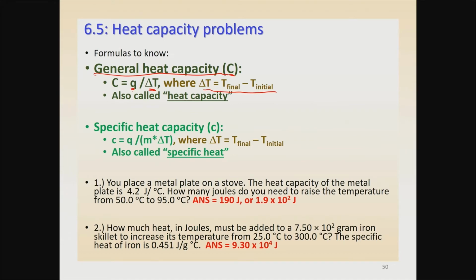When you see a problem, sometimes they won't say general heat capacity, they may say just heat capacity. If you see that in a problem, that is a reference to general heat capacity and this particular equation.